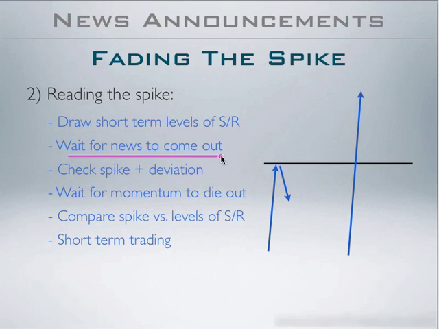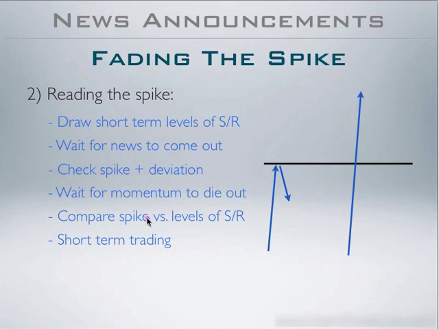Then we would wait for the news to come out, and once they are out, we would check the deviation and the spike in order to confirm that A, they both came in agreement, and B, we did in fact have a spike testing or retesting one of those key levels of support and resistance.